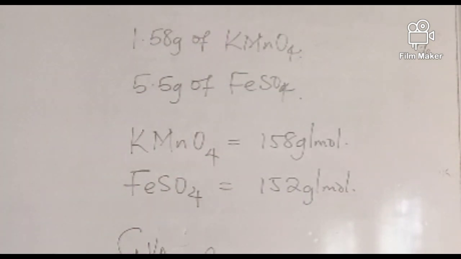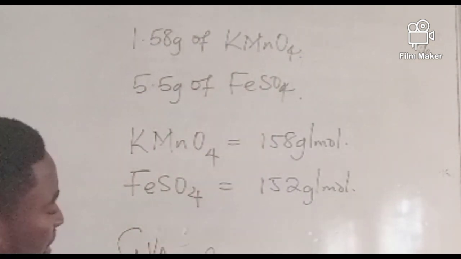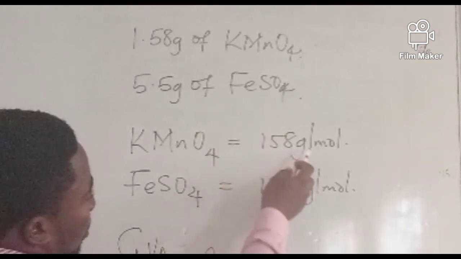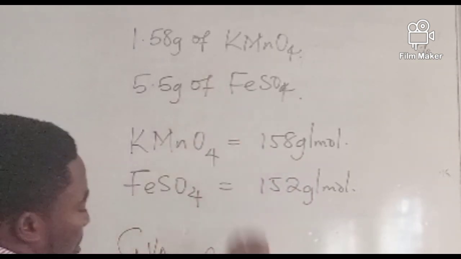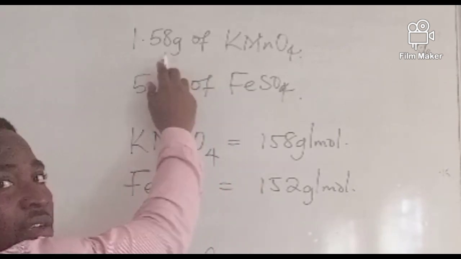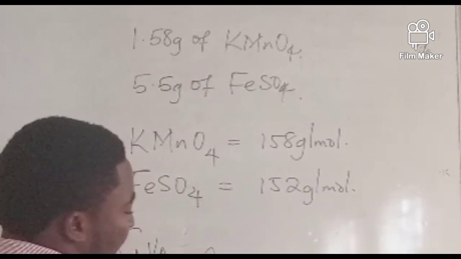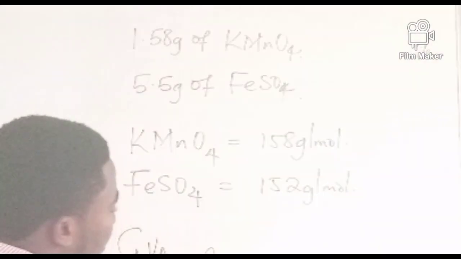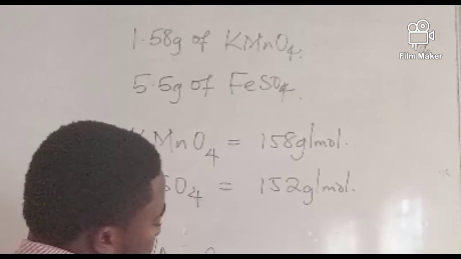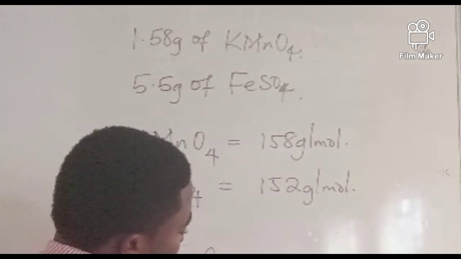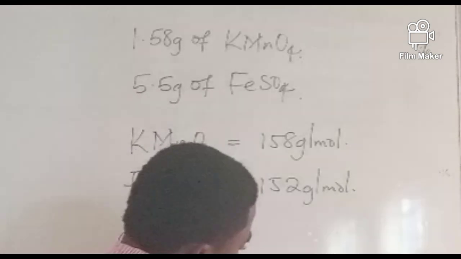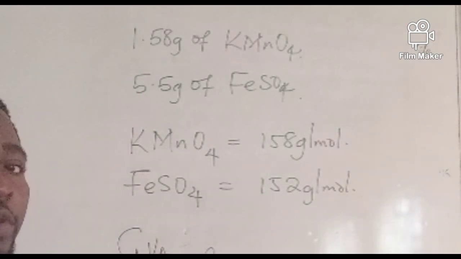And to get CA from these parameters, we simply need to use the formula: the mass concentration, which is the 1.58 registered here, divided by the molar mass of the compound. That is going to give us 0.01 moles per dm cube.